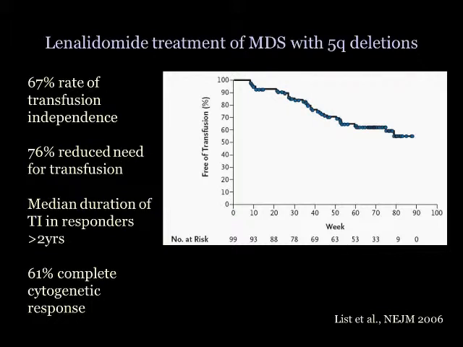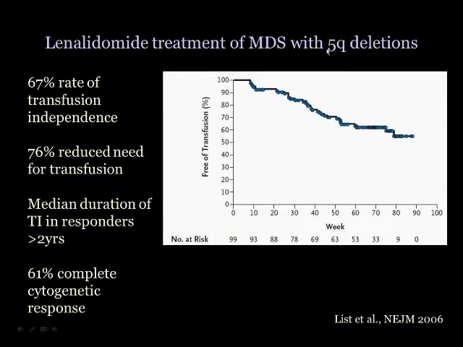The other drug which has been used for, again, a selection of patients with myelodysplasia is a drug called lenalidomide or Revlimid. And this is particularly in the group of patients where the cytogenetic disorder is this particular 5q deletion.